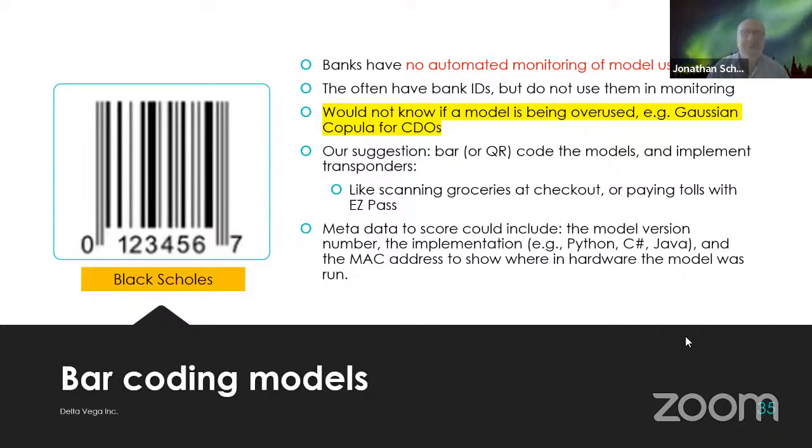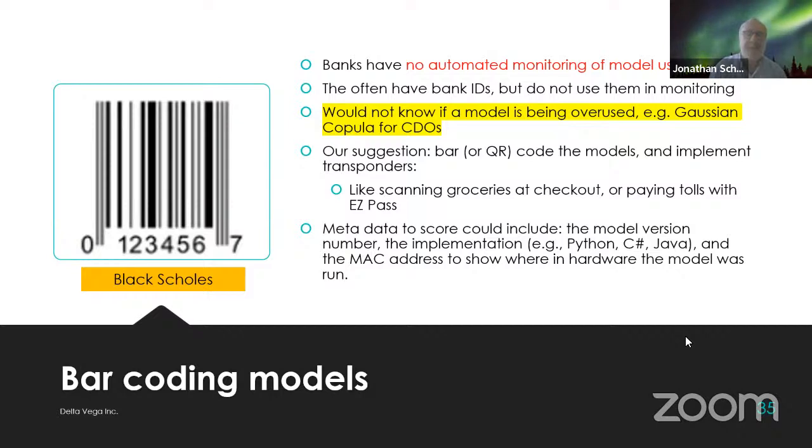So let's make this more systematic. We remember groceries before barcodes. We remember tolls before Easy Pass technology and transponders. So let's set up a system so that a model can spit out its name, and then when it's run, we could include a whole bunch of other things with that.